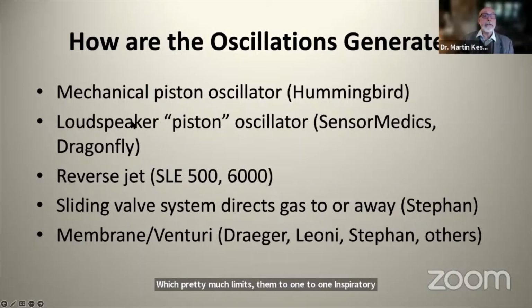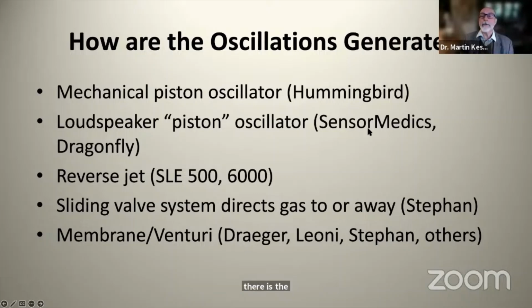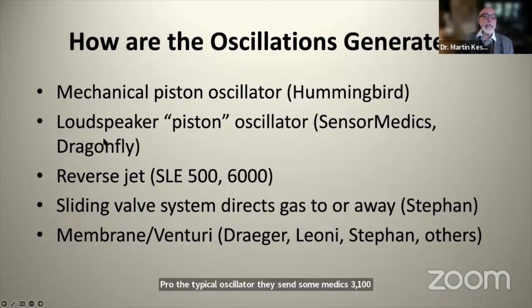Then, of course, there is the loudspeaker, so-called piston oscillator, and that's the prototypical oscillator, the SensorMedics 3100, and also I believe the Dragonfly uses the same mechanism, although that was hard to find.